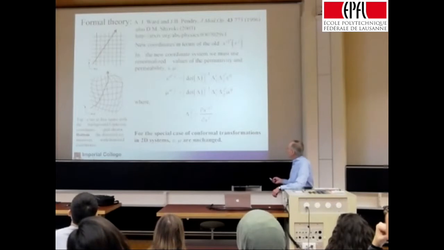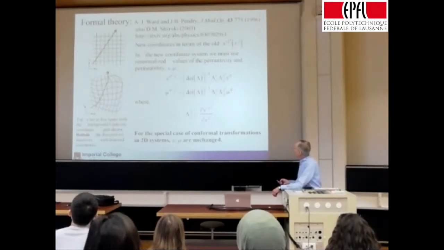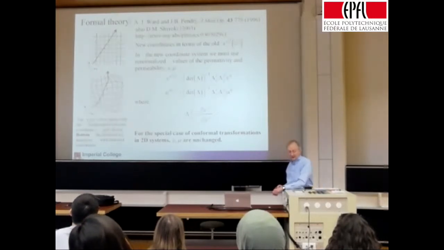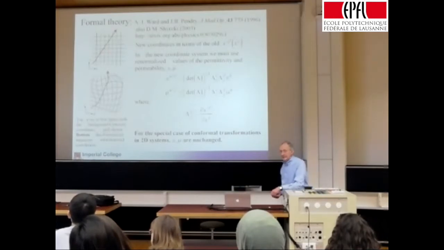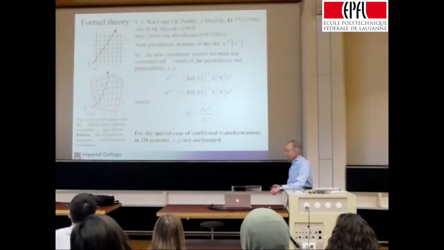And then, having distorted this sheet how you want, got the field lines to go where you want them to go, then you can turn to a formula which emerged from Einstein's general relativity theory and say, what values of epsilon mu must I use so that these field lines obey Maxwell's equations in the new coordinate system?